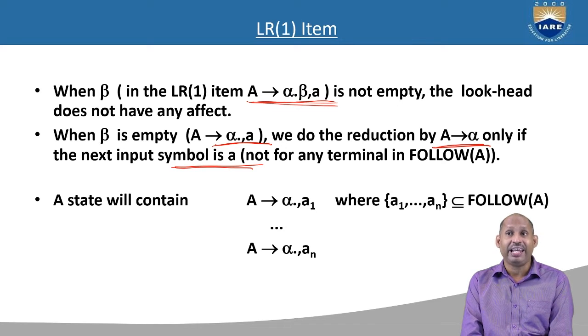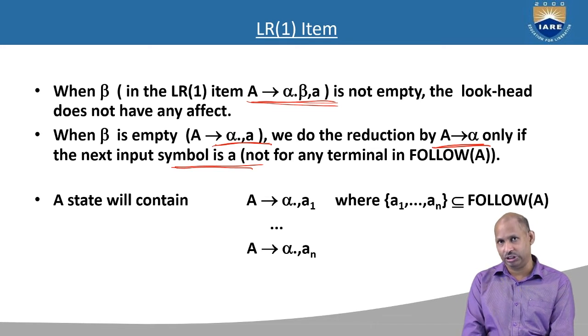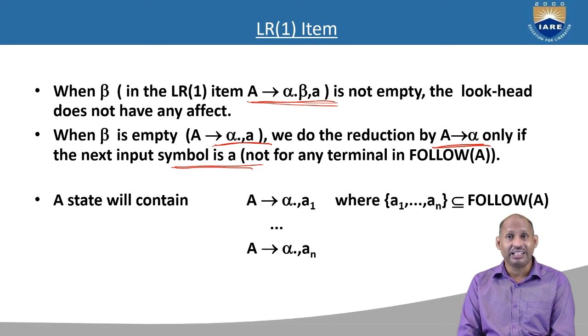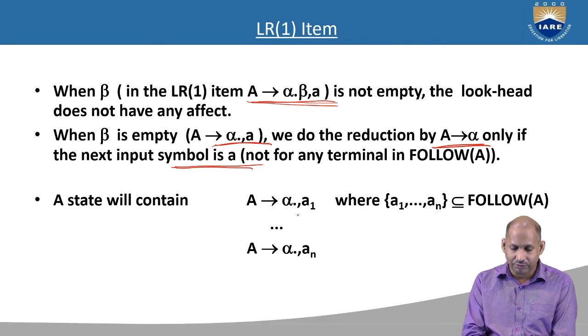So here we add a terminal with some information so that the production can be reduced only when the next input symbol is a. Here, the dot is at the end of the production in a state, and a is the next input symbol, then we say the reduction will be carried out. So a state will contain the production A gives alpha dot.